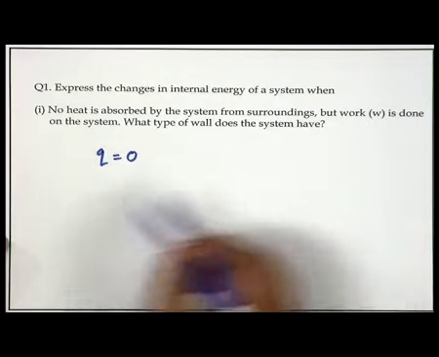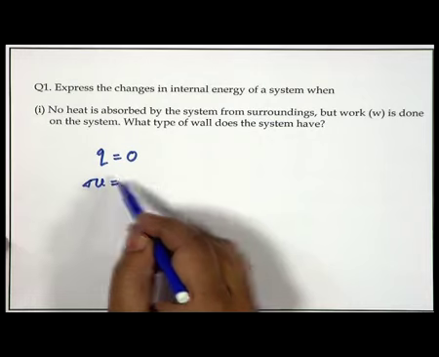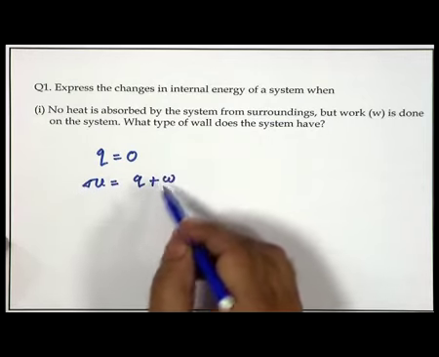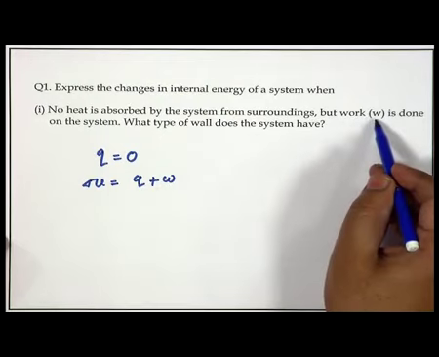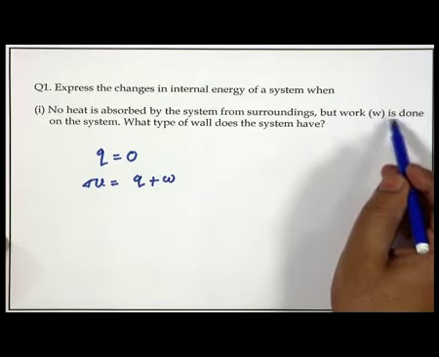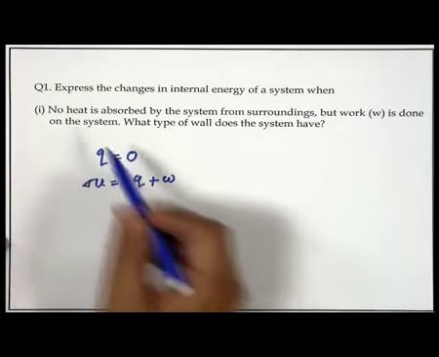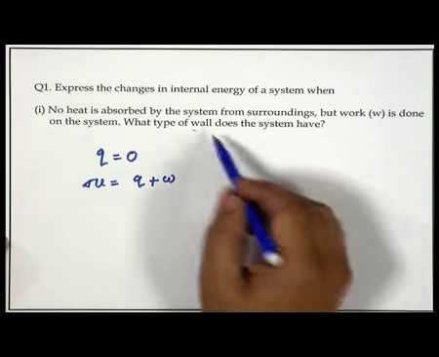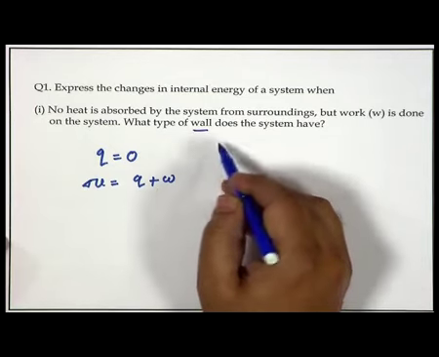So, delta U in this case would be Q plus W from the first law, and in this case W is positive because work is done on the system. And what type of wall is this?